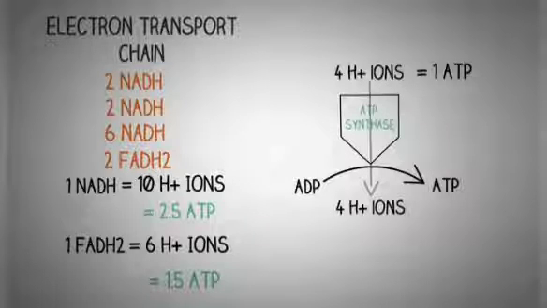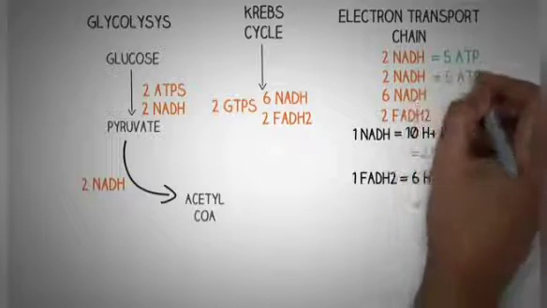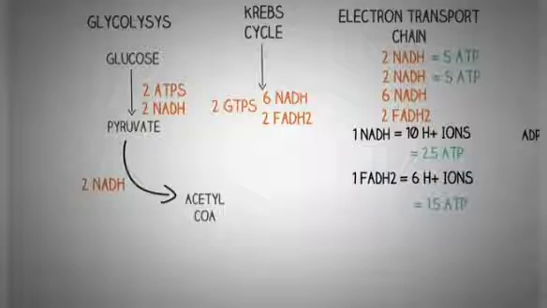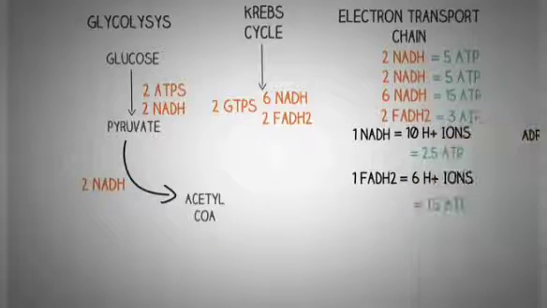Using these values, we can calculate that 2 NADH from the conversion of glucose to pyruvate will give 5 ATPs. Similarly, the conversion of pyruvate to acetyl-CoA will give 5 ATPs in the electron transport chain. The 6 NADH we get through the Krebs cycle will give rise to 15 ATPs, and the 2 FADH2 of the Krebs cycle give rise to 3 ATPs.